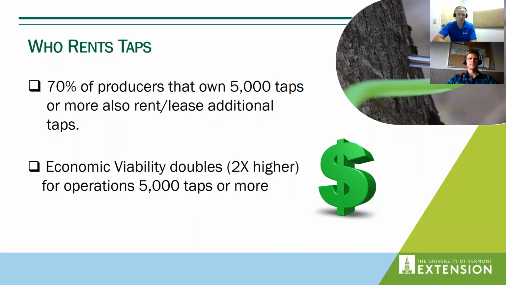And we know from the cost of production and financial work we've done over the past few years that there are some trends with economic viability in relation to scale. And as far as the respondents in this survey, the operations of 5,000 taps or more are 2 times more likely to be economically viable.